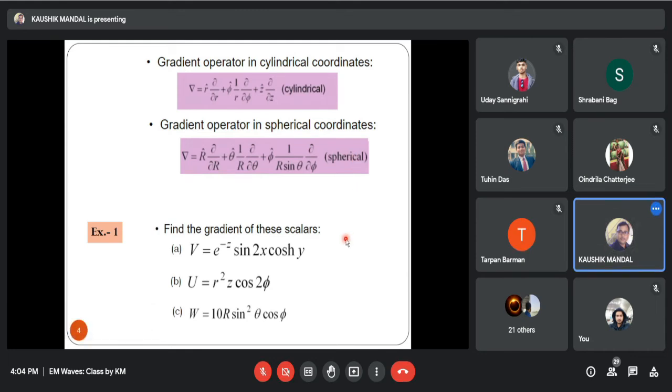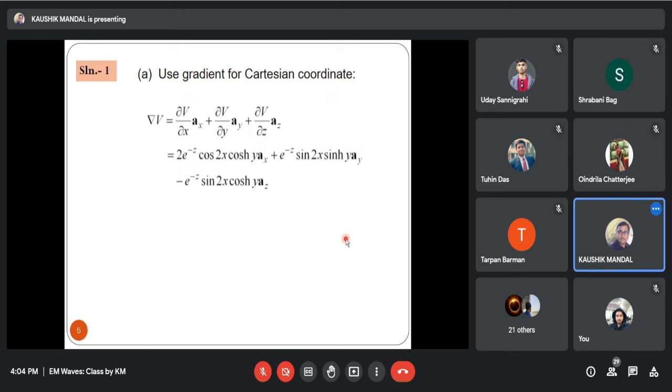Clear? To solve the first one, we use the Cartesian coordinates. Grad V means del V del x, del V del y, del V del z. V is given, so you can easily solve it.